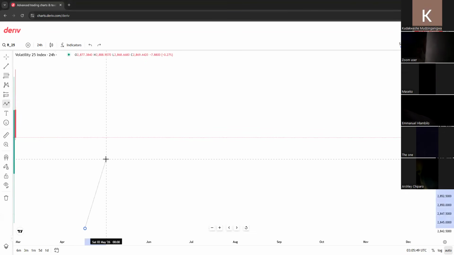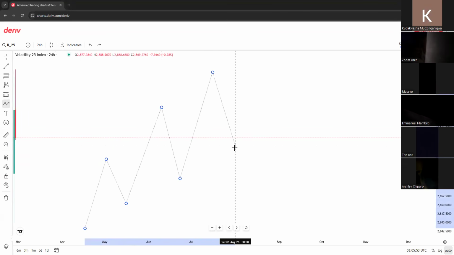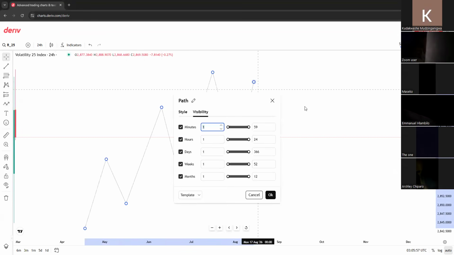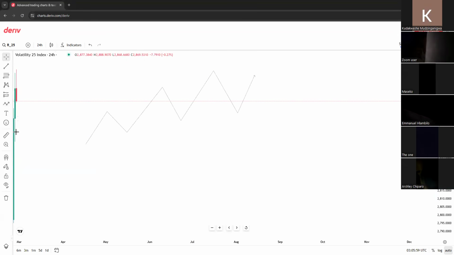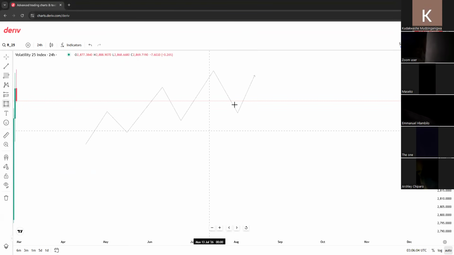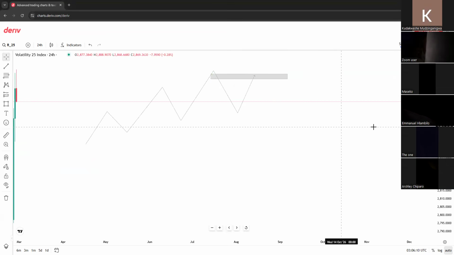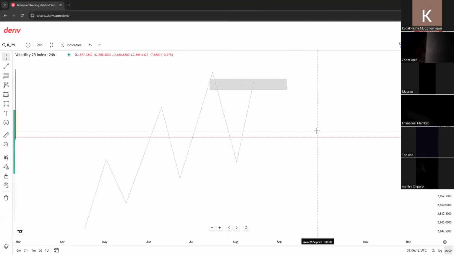So we can have our market structure flowing like this. And at some point, we are going to have a fair value gap here, right? And the market can decide to respect this fair value gap.